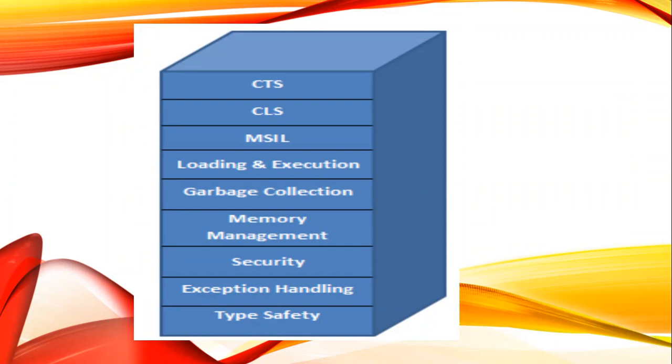Then garbage collection is known to you; you have already studied that in Java. Then memory management, security, exception handling. Then type safety. Again, I repeat: CTS, common type system, then CLS, MSIL, loading and execution, garbage collection, memory management, security, exception handling, and type safety.